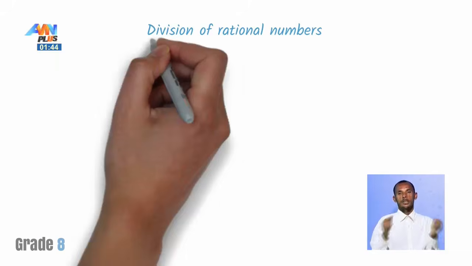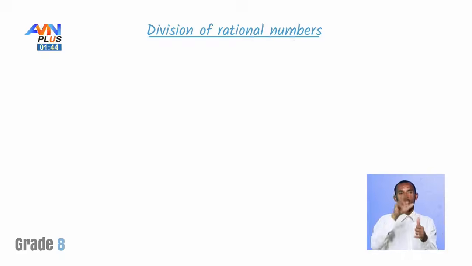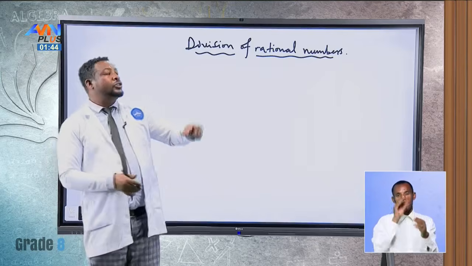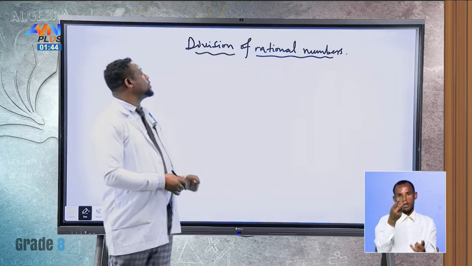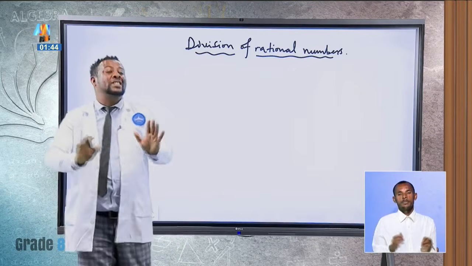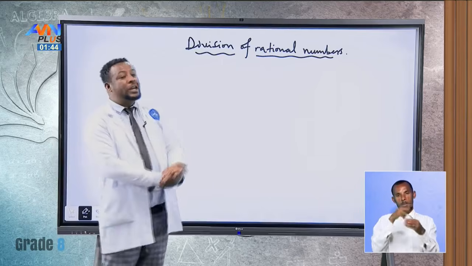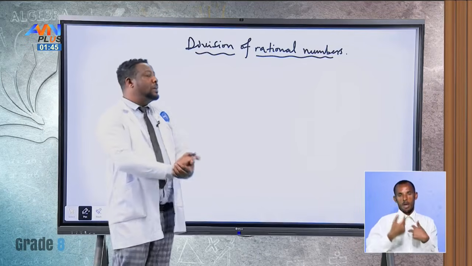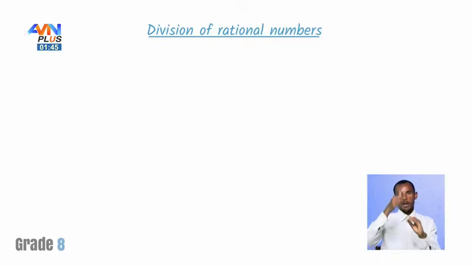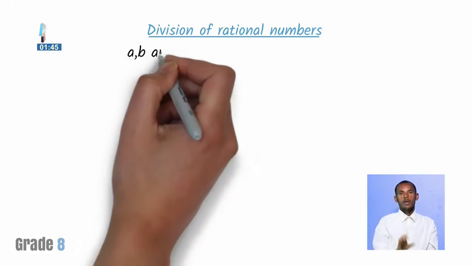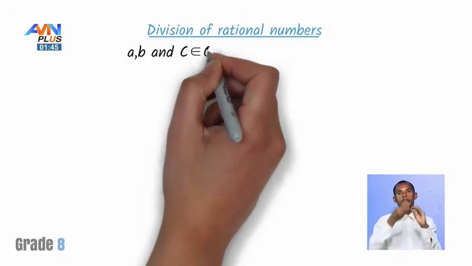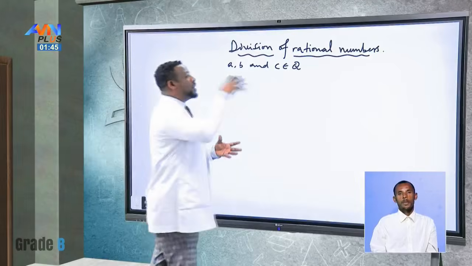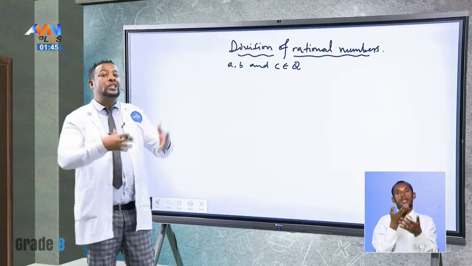We have seen the first three operations like addition, subtraction, multiplication, and we are left with one more operation, which is about division of rational numbers. Okay, if we have three numbers A, B, C, those numbers can be an element of rational numbers, because we are discussing operations on rational numbers.